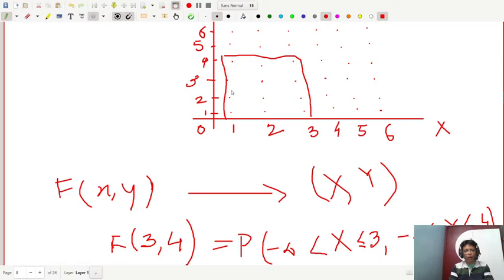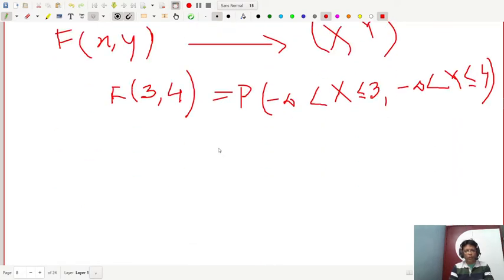So these are 12 points, you check, and your probability will be 12 by 36, which is 1 by 3.